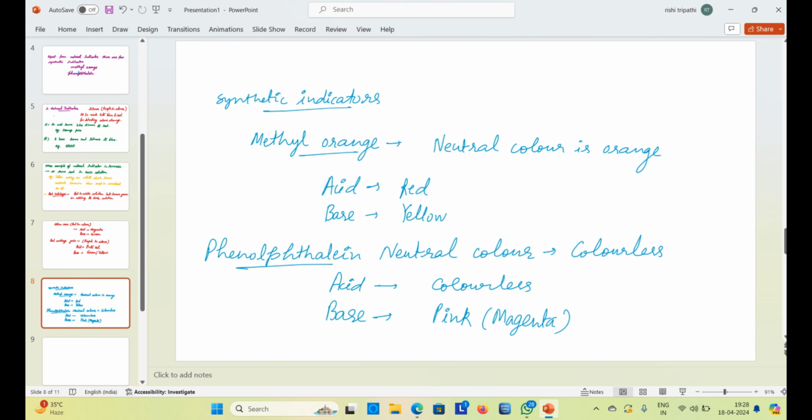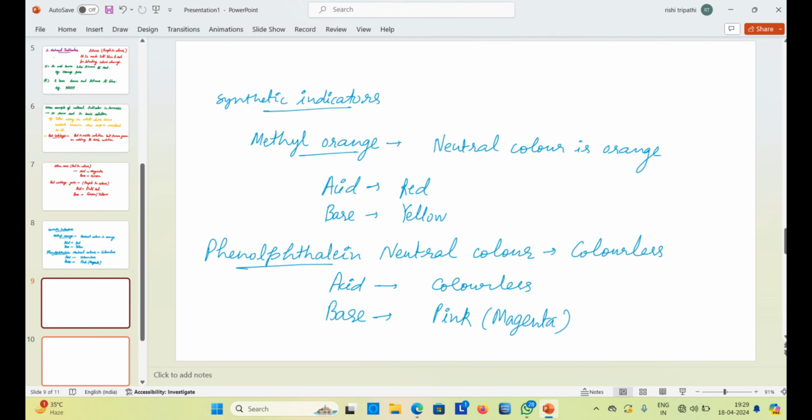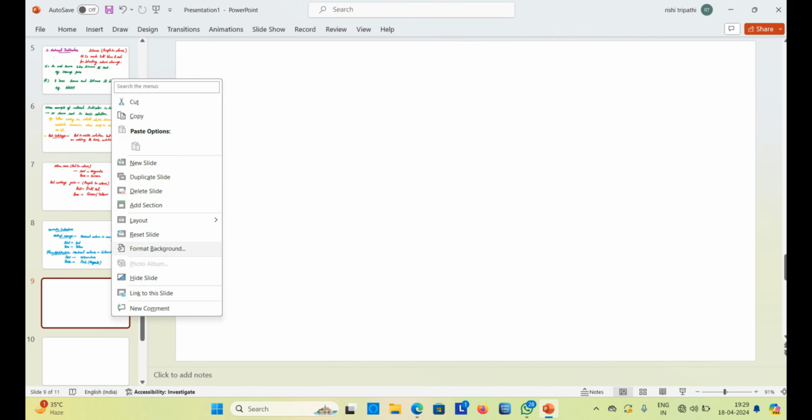So you will remember what the indicators are. Indicators will change in color when you add those indicators in the acids or bases. Next one is the olfactory indicators.